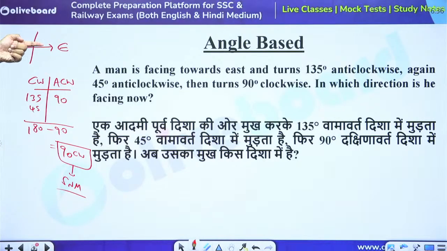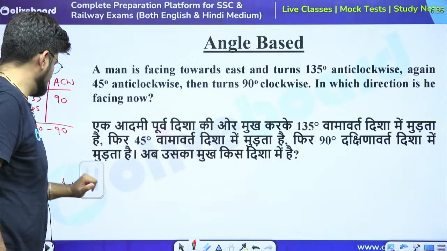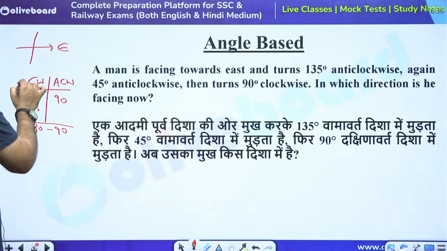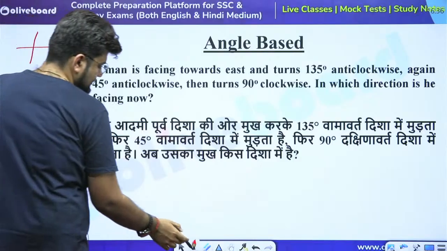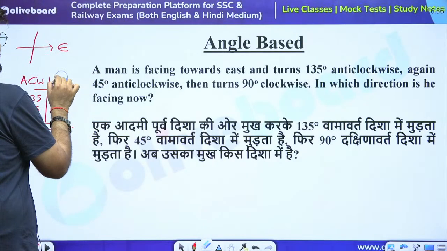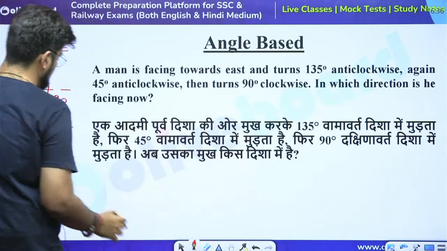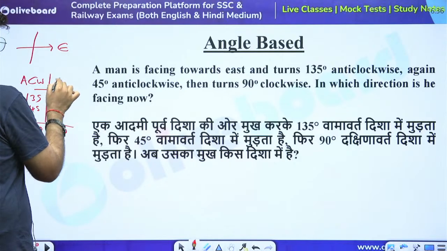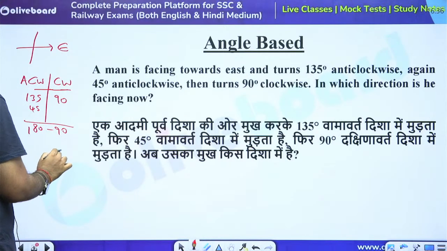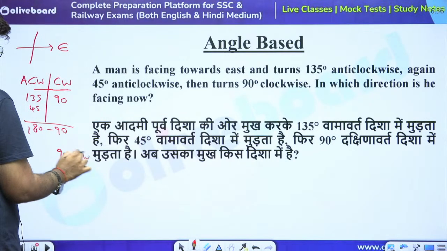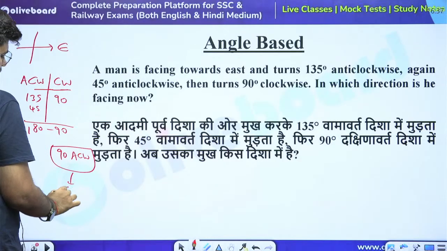So if the person is here, oh sorry, my bad. This is anti-clockwise and this is clockwise. So this is 90 degree anti-clockwise. This is the single net movement.